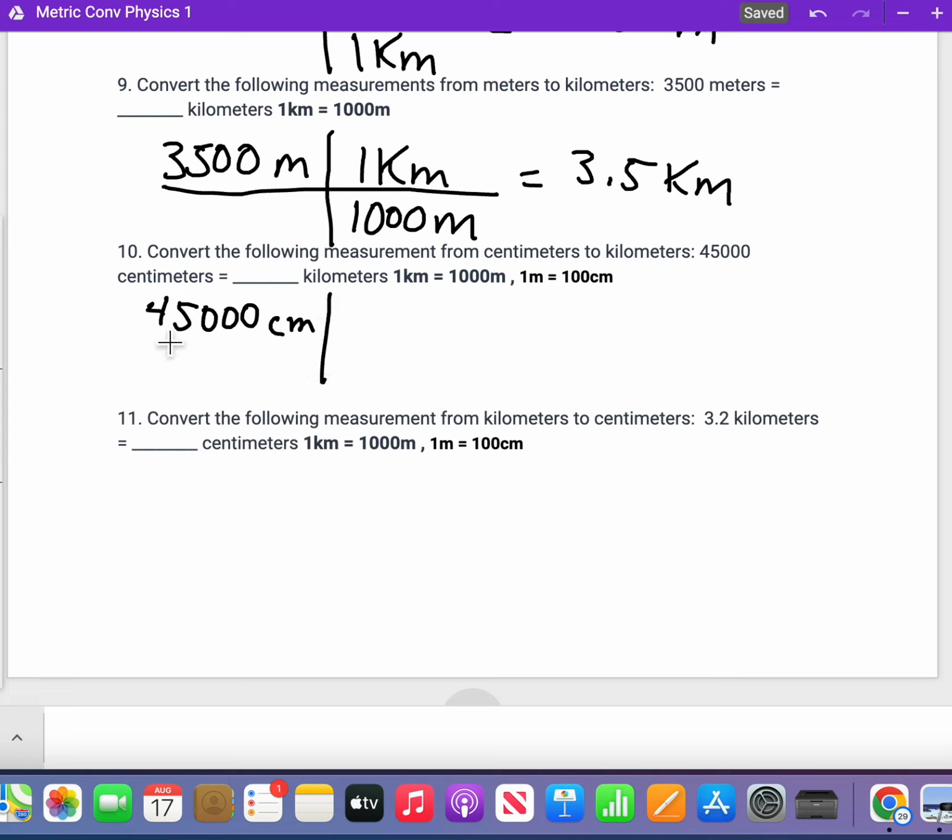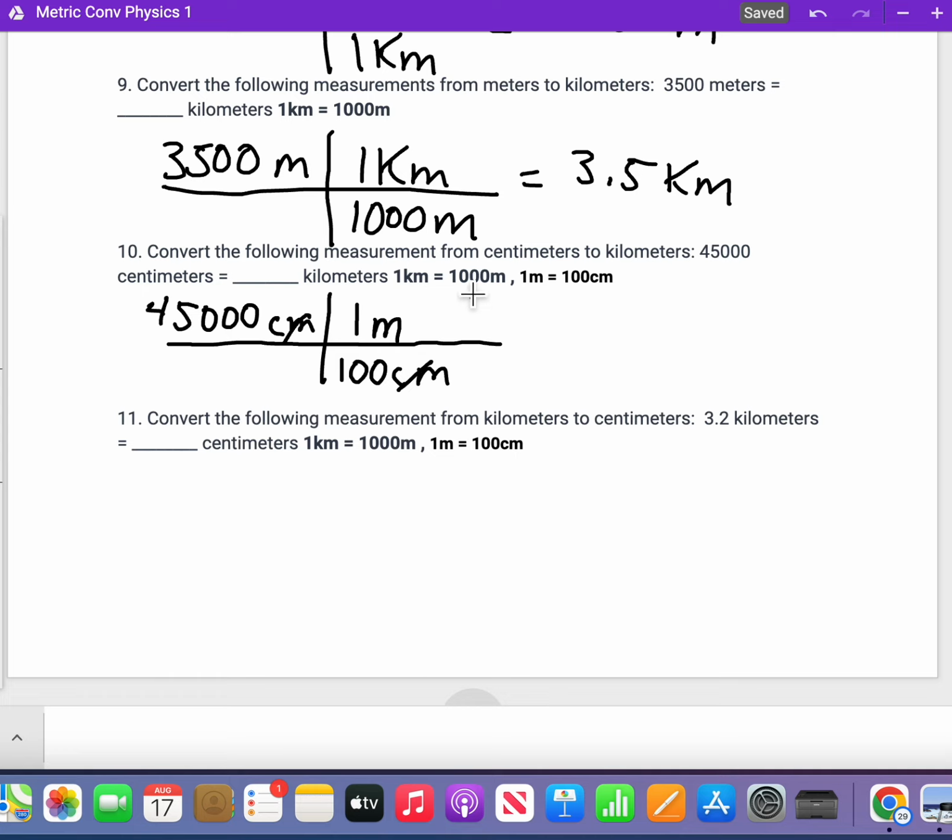We draw the picket fence, and I want to go to kilometers. But if I look up here, there is no centimeters to kilometers. But what I could do is I always got to follow the rule of diagonality. So centimeters have to go on the bottom and meters go on the top. However, if we did that problem, we would be in meters. So we got to do another problem.